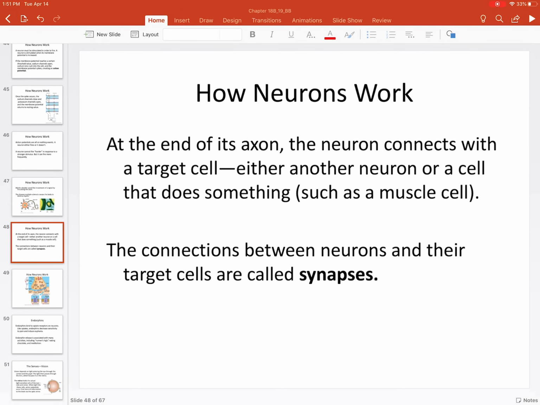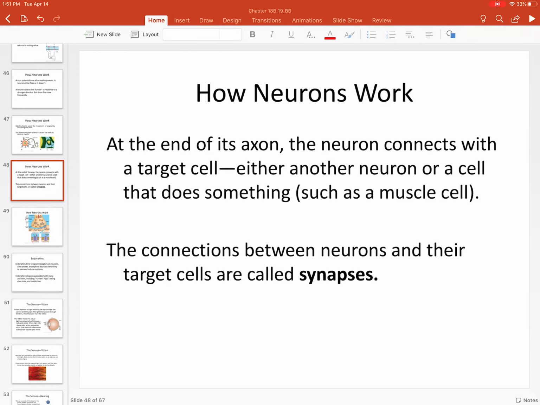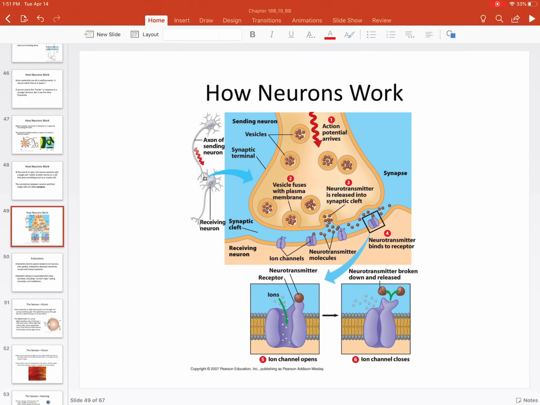At the end of the axon, the neuron connects with the target cell, either another neuron or a cell that does something, like your muscle, your brain, something like that. The connections that occur between neurons and their target cells are called synapses. Here's another image of your neuron.